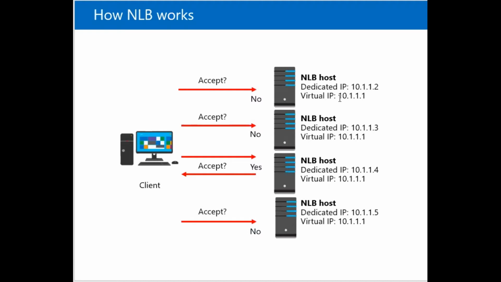That is the cluster IP. Applications will be associated with that cluster IP. So the client is actually accessing the cluster IP, which is the virtual IP. Whoever is available, the client will automatically be directed to that server.